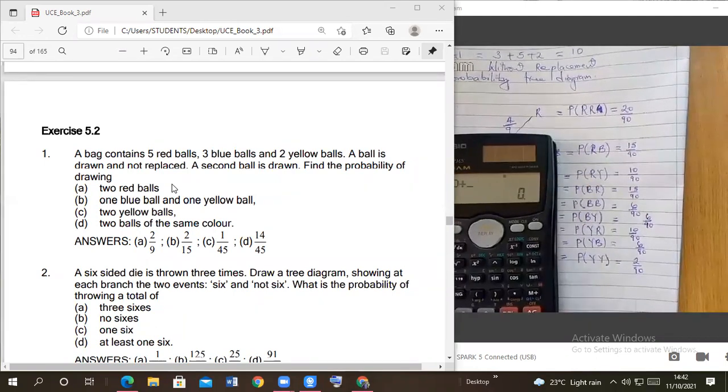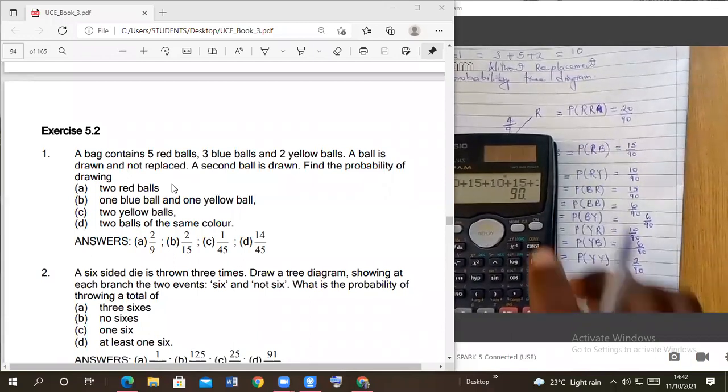We have 20 plus 15 plus 10 plus 15 plus 6 plus 6 plus 10 plus 6 plus 2. You get 90. 90 out of 90 is 1. Yes. So which means we are correct.